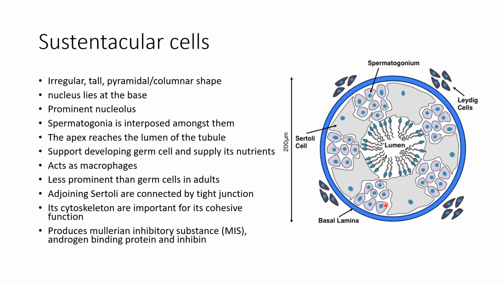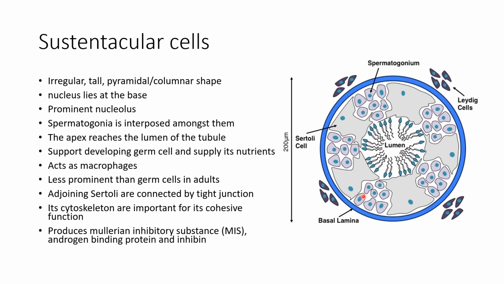Remember that Mullerian inhibitory substance is a hormone that is responsible for making sure that the Mullerian body is involved in determining who is male or female during the developmental stage of the embryo.